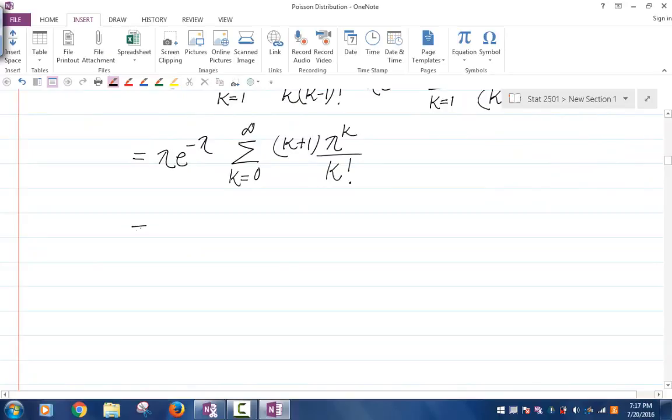Okay, so this will be equal to lambda times e to the minus lambda, summation k going from 0 to infinity.